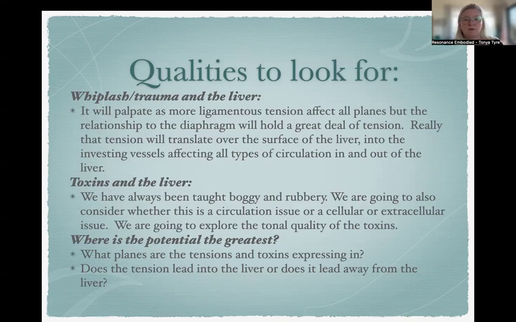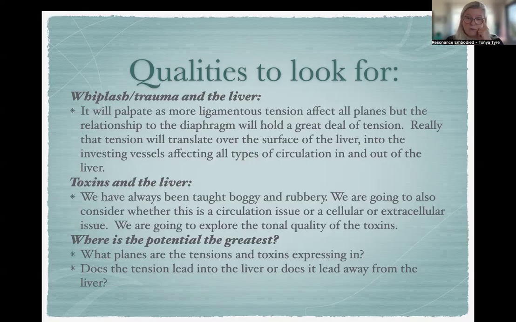I just want to review that whiplash and trauma can really affect the liver, and can really affect the ligamentous suspensory systems and the tension there. If a whiplash is bad enough, we lose some of that elasticity in the tissues, so the liver can feel heavier. But sometimes, because of that trauma, we can have some inflammation, and those tissues, instead of becoming more extensible, become less extensible.